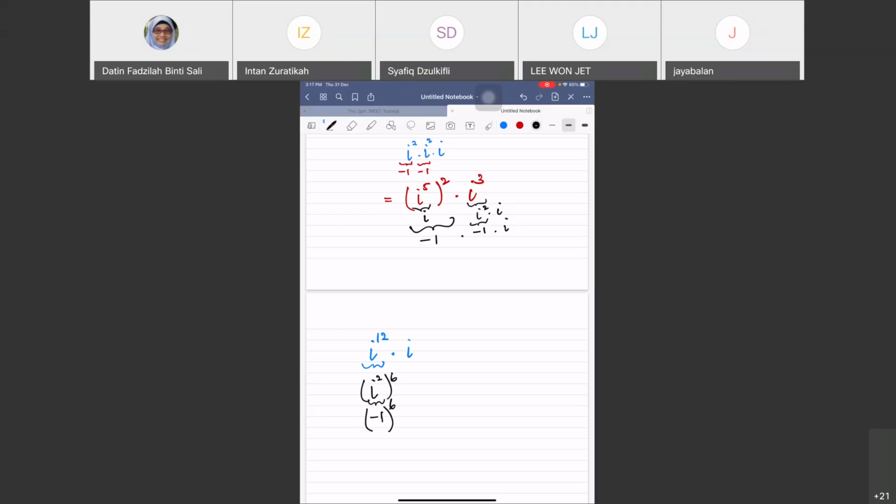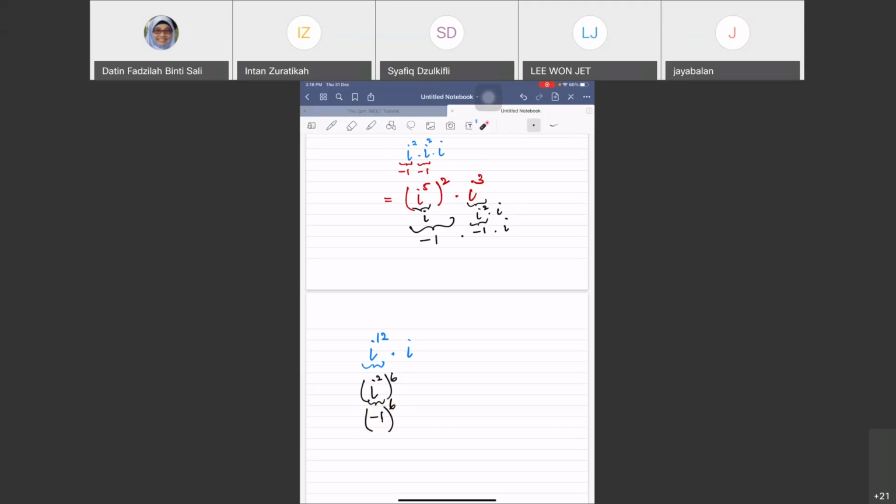Minus 1 to power 6 is what? Come on. You see my handwriting is with the bracket, the whole thing. That means it's minus 1, the whole thing in the bracket to power 6.